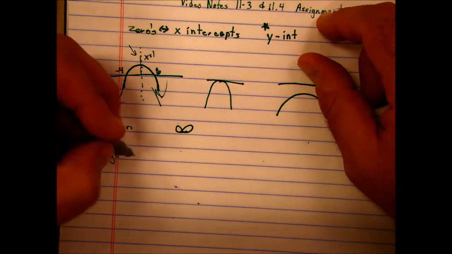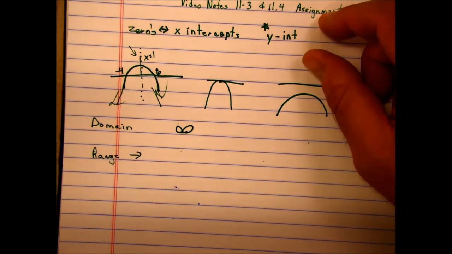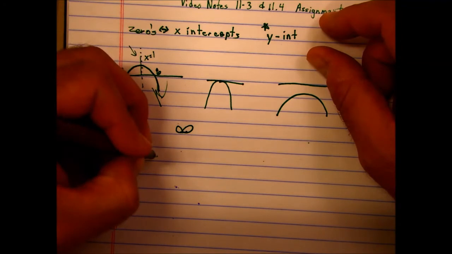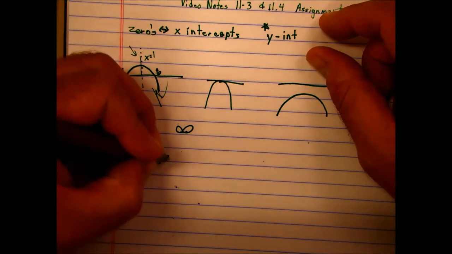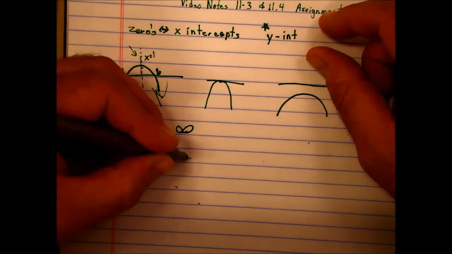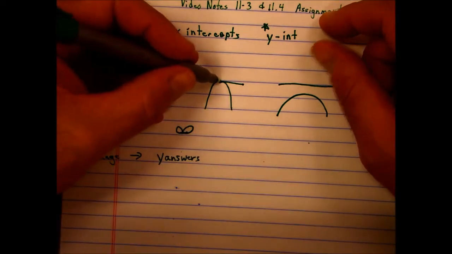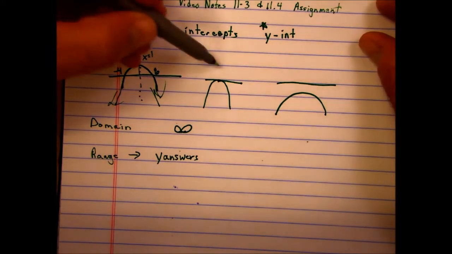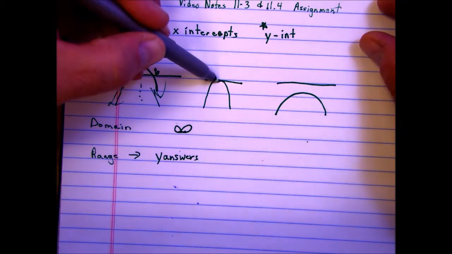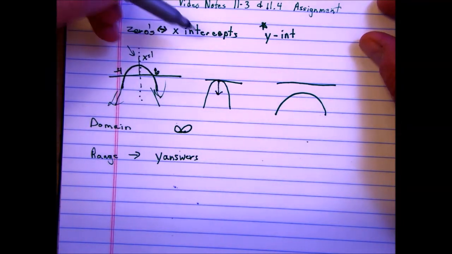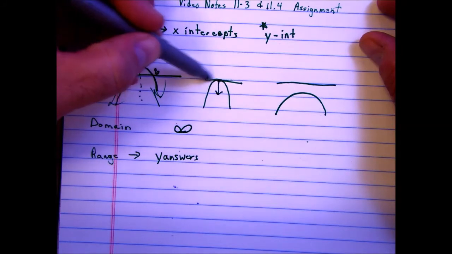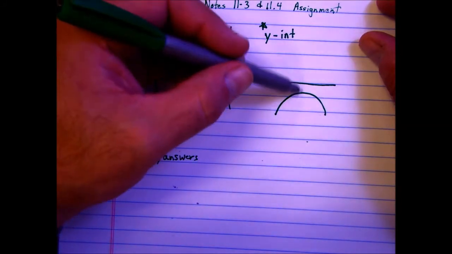The range is the one that changes. Your range is all of your y answers. And that's based on your maximum and minimum. So for example, this problem right here, all of the y's that are for this parabola are less than 0. In this problem, all the y's would be this way.